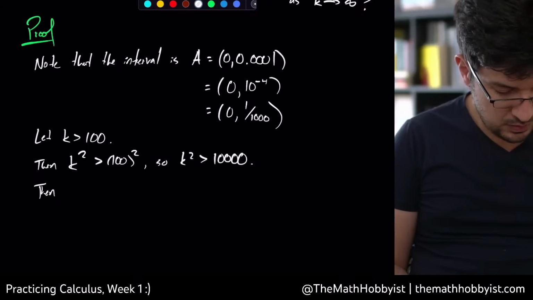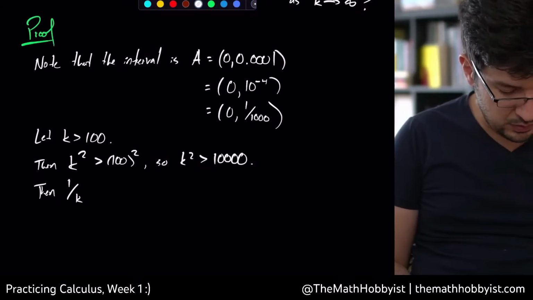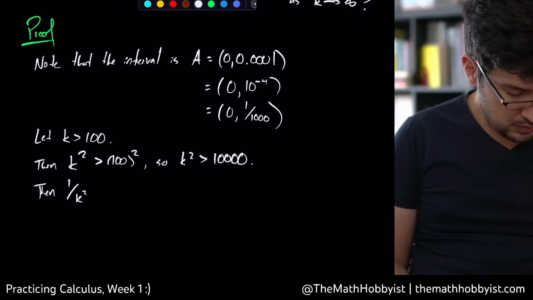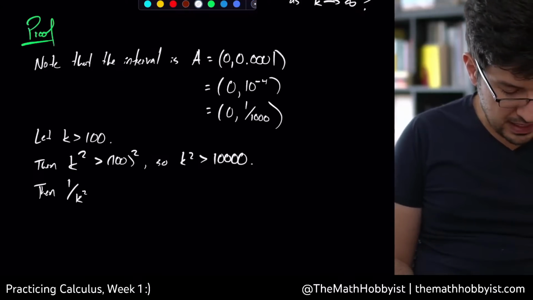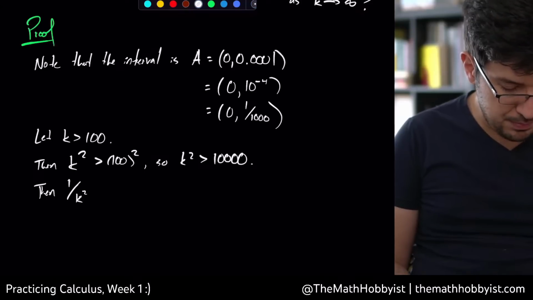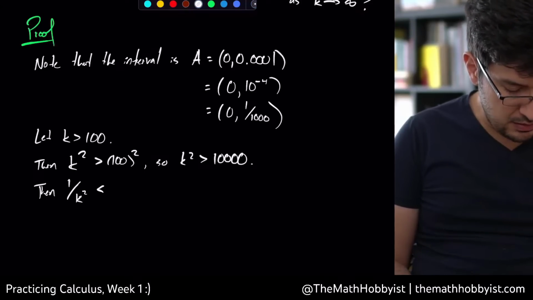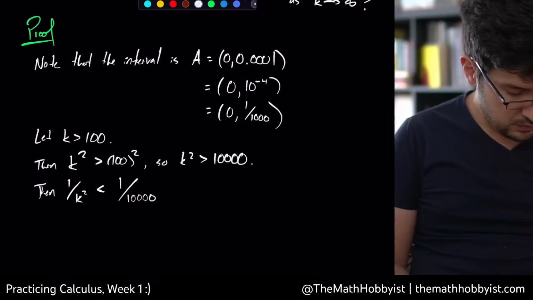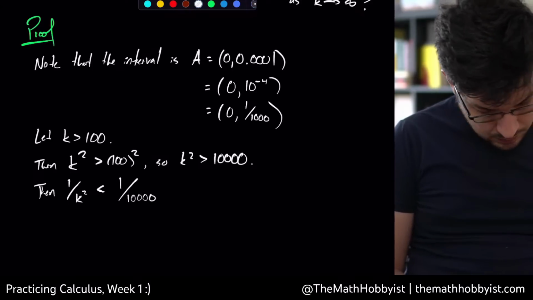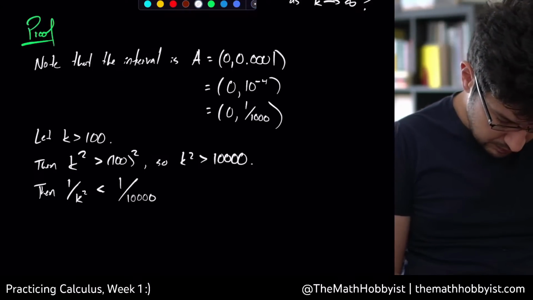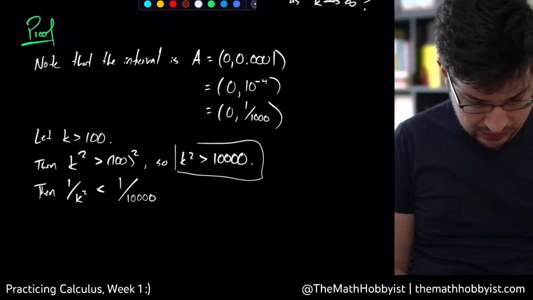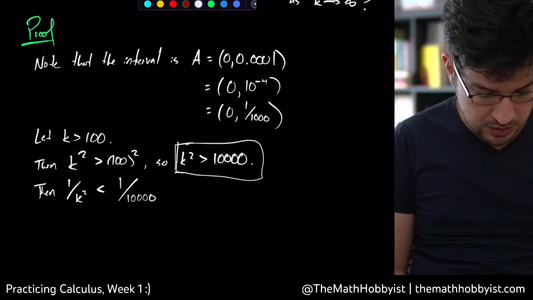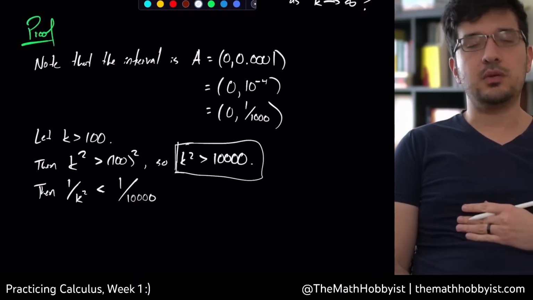Then, when divided by k squared, as you divide by a bigger number, the inequality flips. 1 over k squared is going to be less than 1 over 1 followed by 4 zeros. How do you see that the inequality flips, other than just knowing that that is how the inequality works?